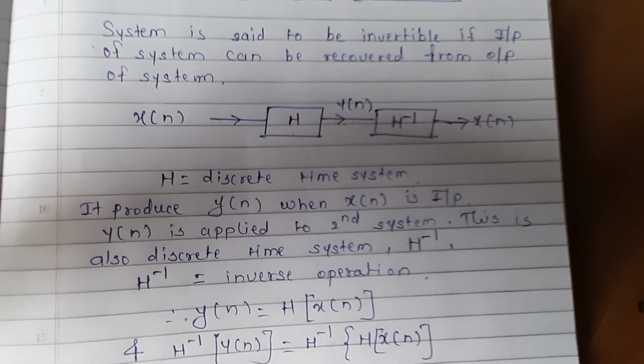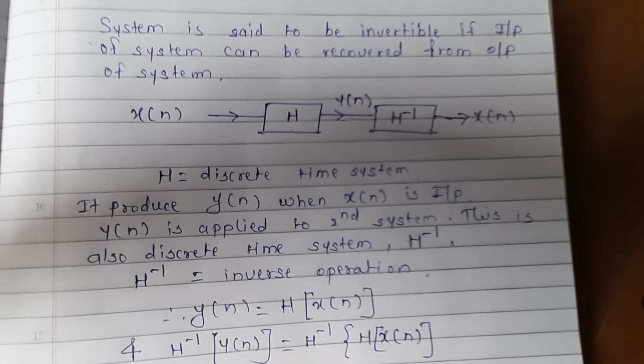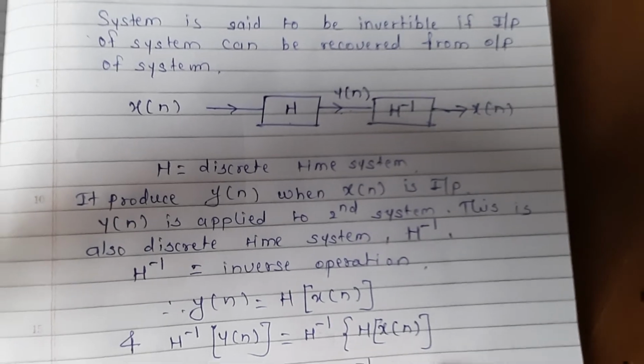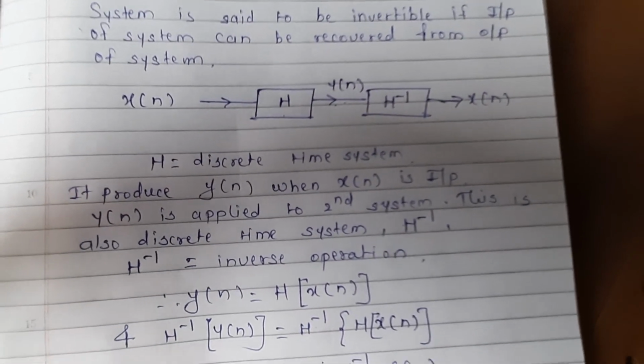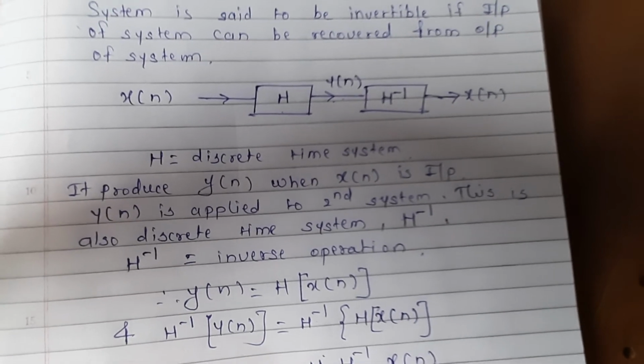So we can write here h into h inverse into x of n, but we know that h into h inverse is what? 1.